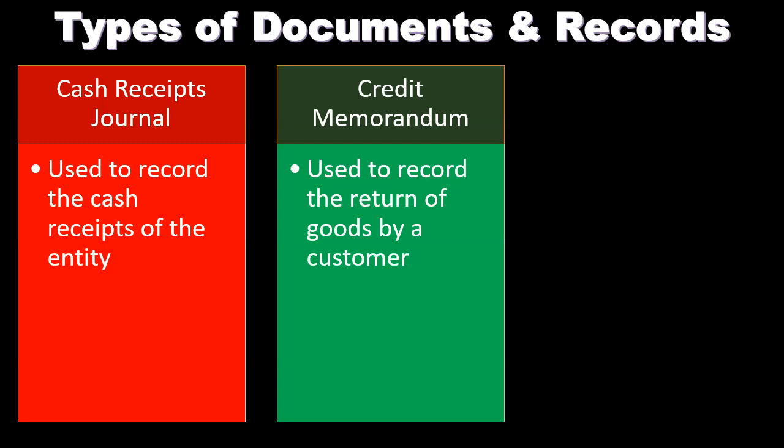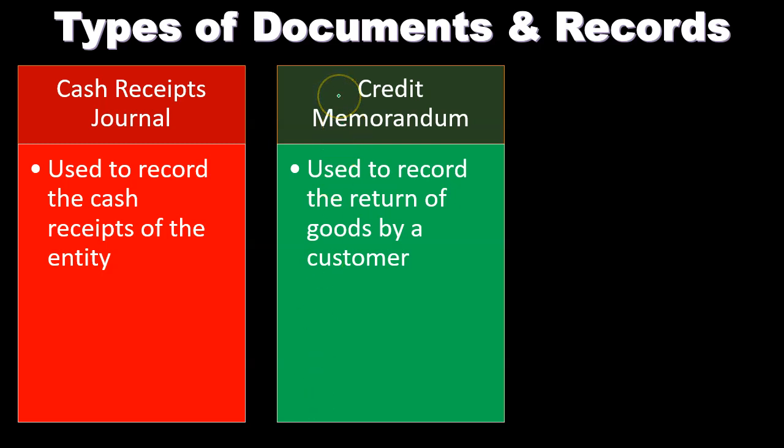It reverses the sales. So we have to understand that the credit memorandum is typically going to be the reversal. There's going to be some type of return. And therefore, the easiest way to think about the transaction related to it is to think about the sales transaction that will typically be reversed, and then make any kind of adjustments, such as, instead of sales, you've got the sales returns and allowances.